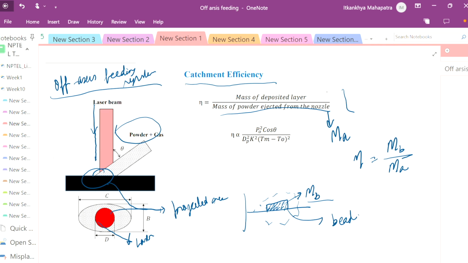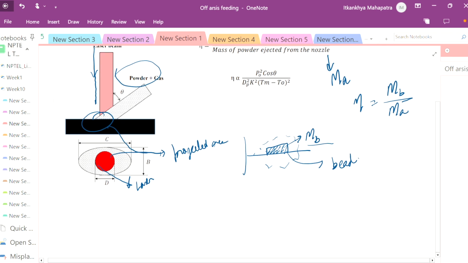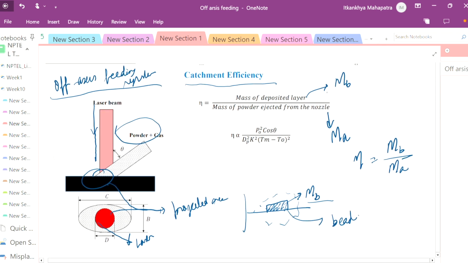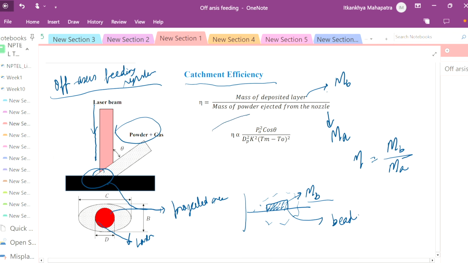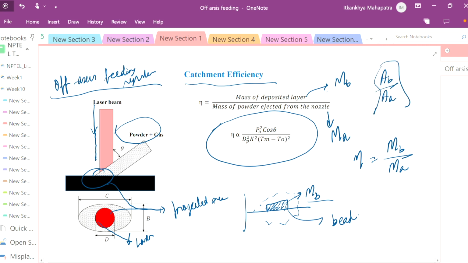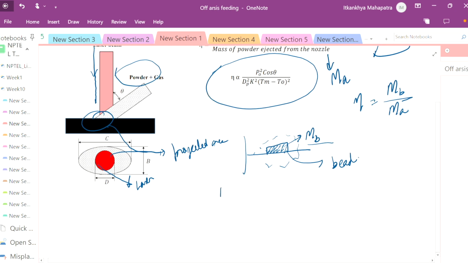So this is your mass of deposited layer and mass of powder ejected from the nozzle.